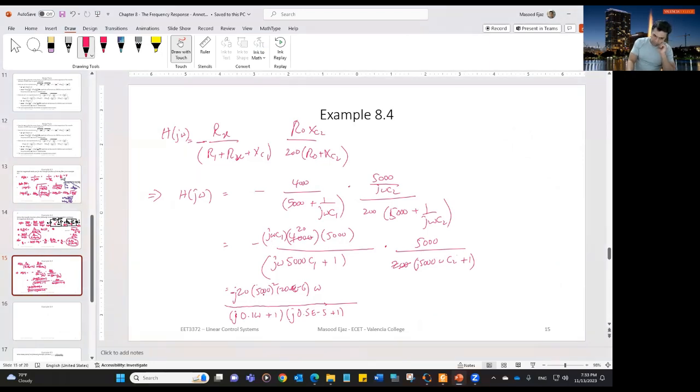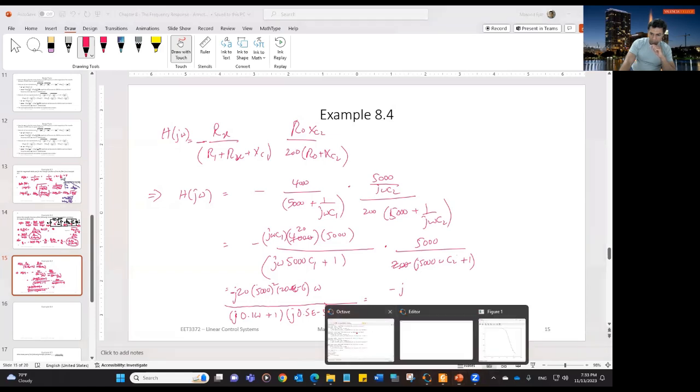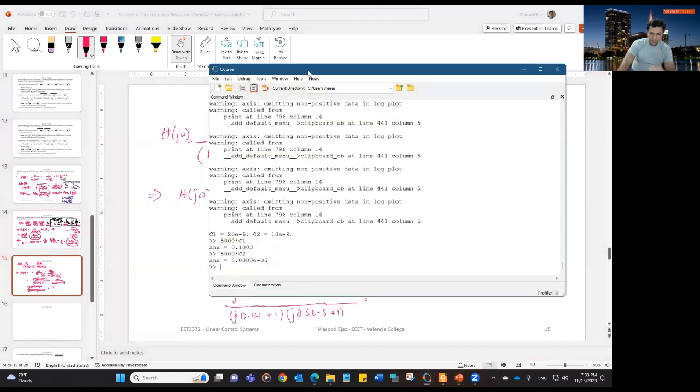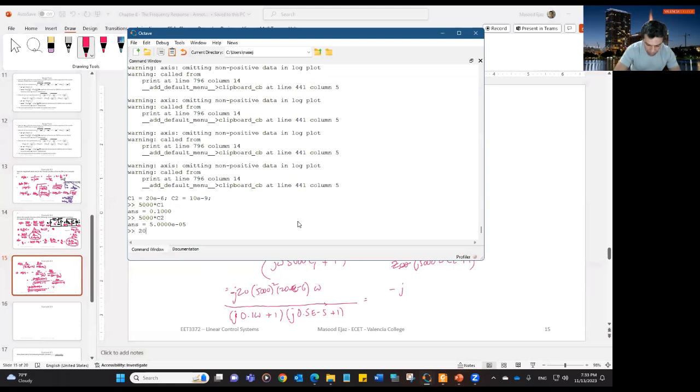of course, we can calculate 20 times 5,000 squared times 20 exponent negative 6. But first, we're going to put down negative j. Let's do that 20, so we don't have to write the whole thing: 20 times 5,000 squared times 20 exponent negative 6.